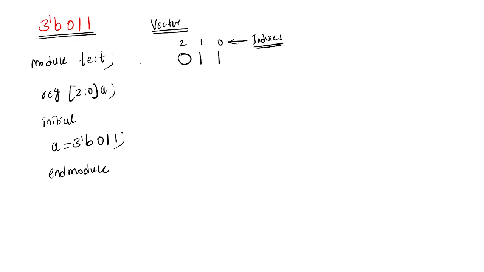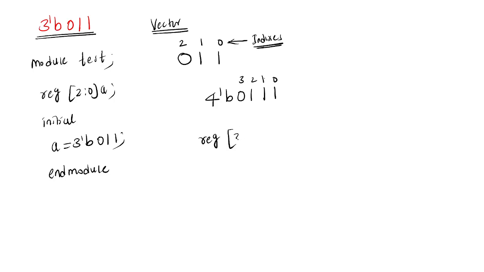Suppose you want to store four binary values. This is the standard representation: first reg, and the index goes from, let us take 4 bits, 0, 1, 2, 3.